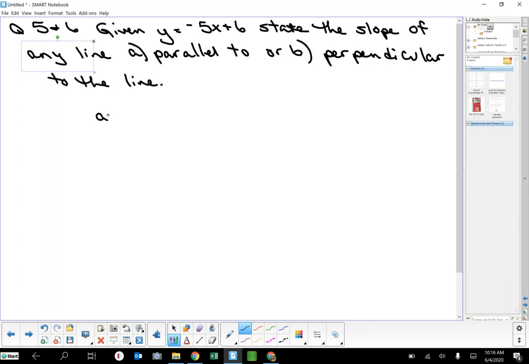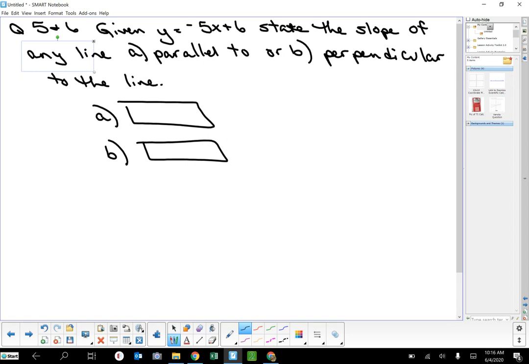And then it looks like this, A and B, and you just have to fill in. Really, all they're looking for, the important word here is slope. They're not looking for the entire equation of the line. So this is simpler than people want to make it.